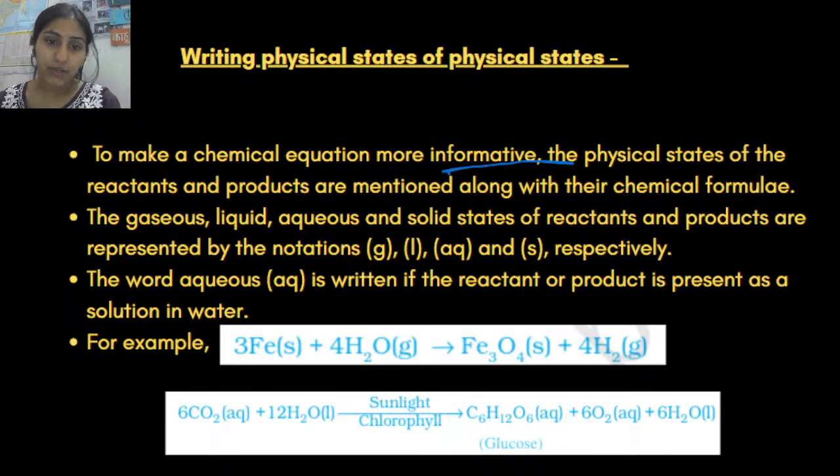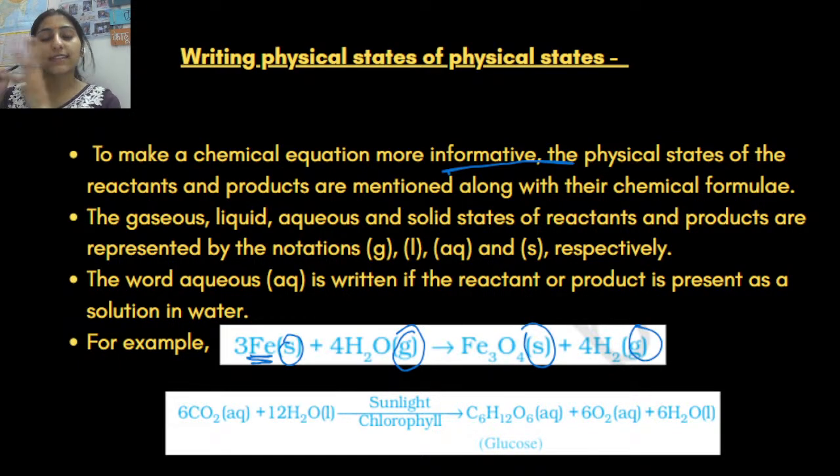For example, in this reaction from your NCERT, with Fe, iron, there is S written in brackets. Then again H2O is G, and then again S and G.